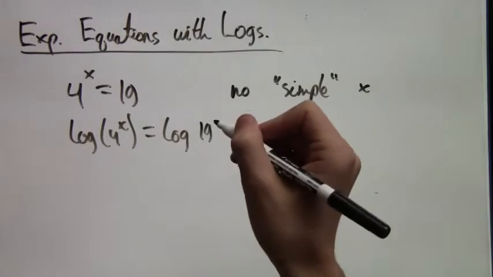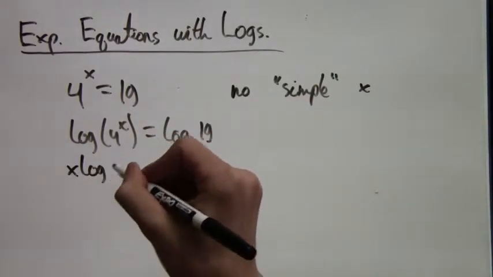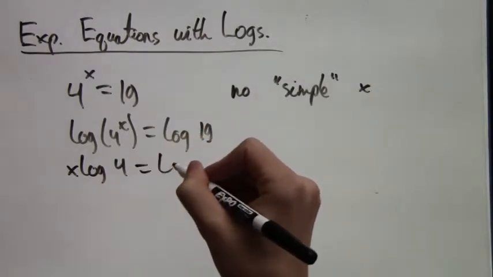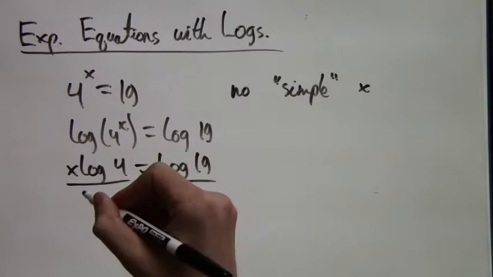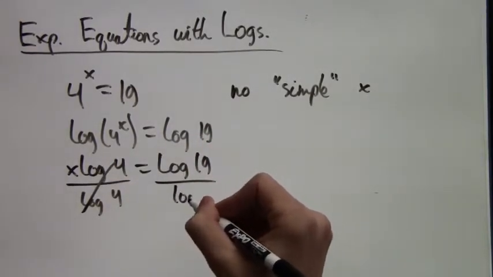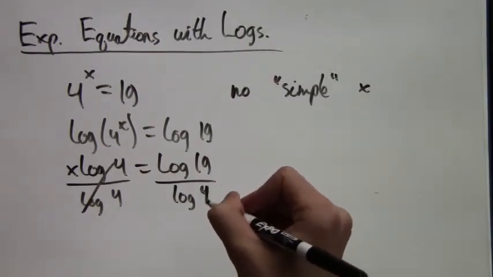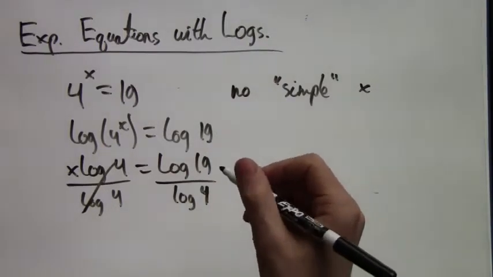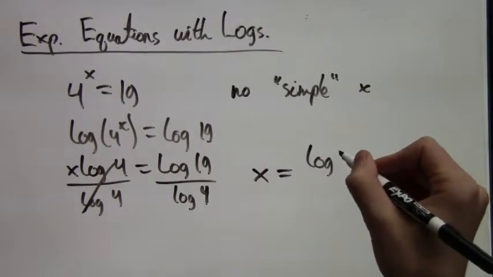We take the log of both sides, and since we have 4 to the x inside of the logarithm, since x is the exponent, we can pull it outside of the logarithm by the properties of logs. So we get x times log 4 equals log 19. When we divide by log 4 on both sides, we simplify the expression to get x equals log 19 over log 4.